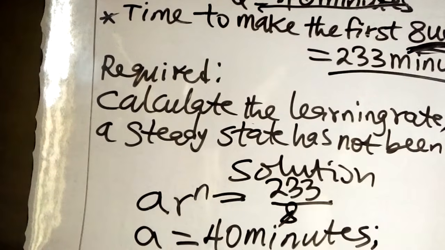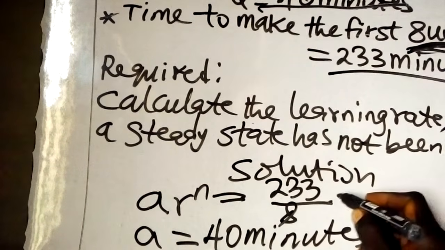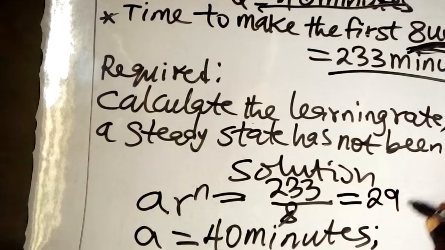That means 233 divided by 8. Then we have 29.125. This is 233 divided by 8, is 29.125. So now back to the formula.